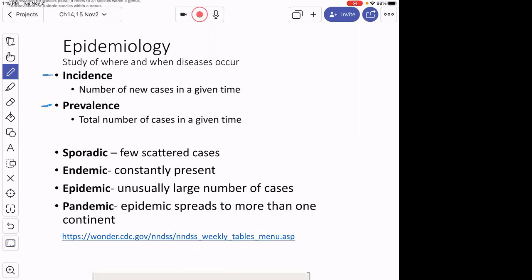They kind of sound like the same thing. Incidence of disease means the number of new cases in a given time. And the prevalence is how many people in a given time are living with that disease. So the incidence is never going to be higher than the prevalence. Incidence, new cases; prevalence, number of total people.